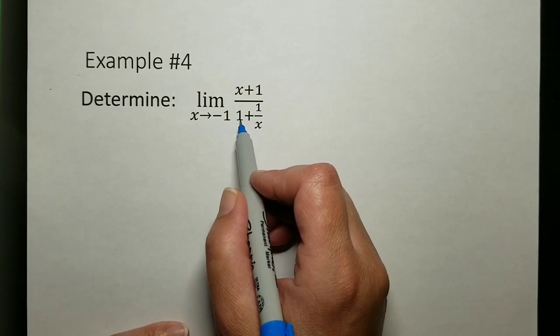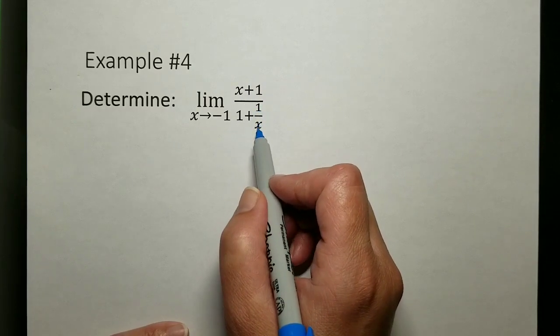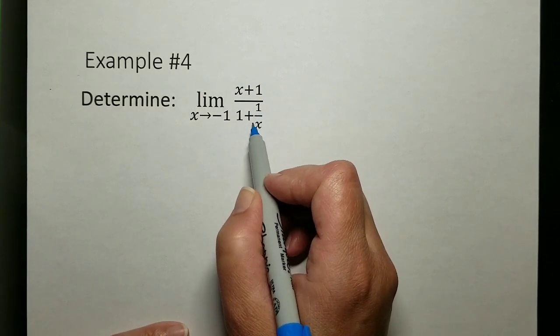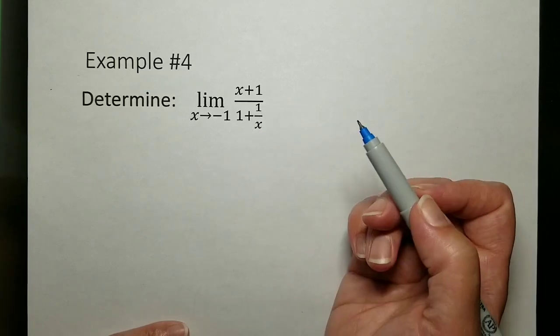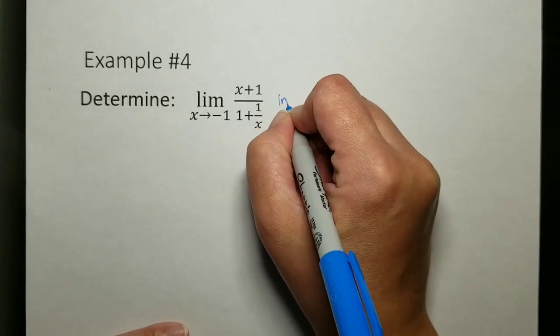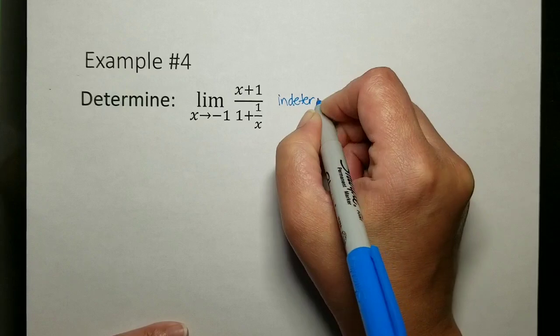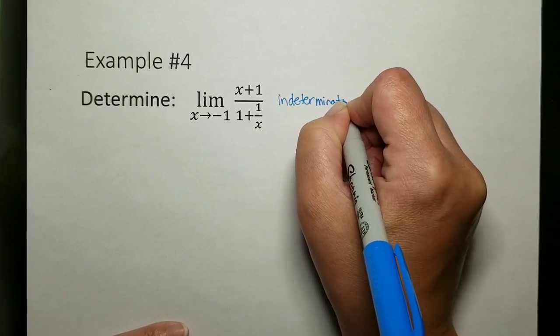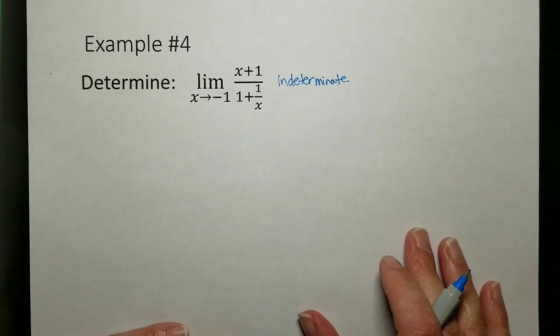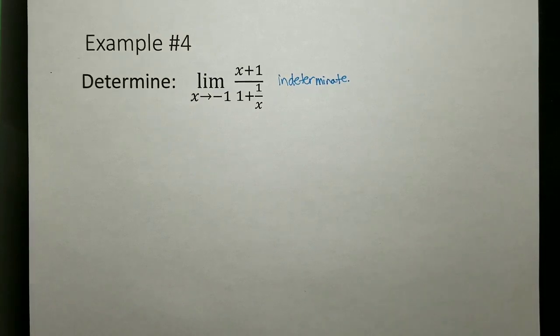And on the denominator, we get 1 plus 1 over -1. So that would be -1. So 1 plus -1, that would be 0. So this is an indeterminate form. In the next lesson, actually, we're going to look at a lot of different ways we may have to simplify indeterminate limits to be able to actually evaluate them.